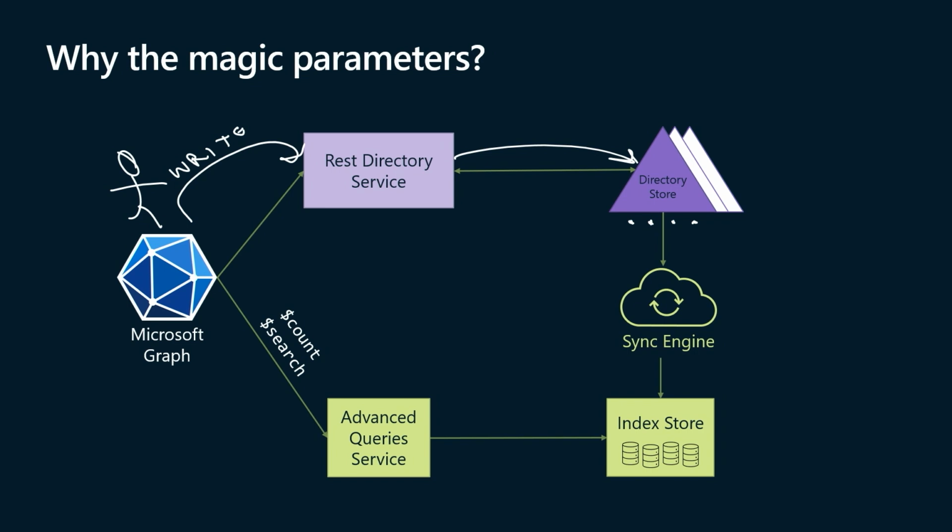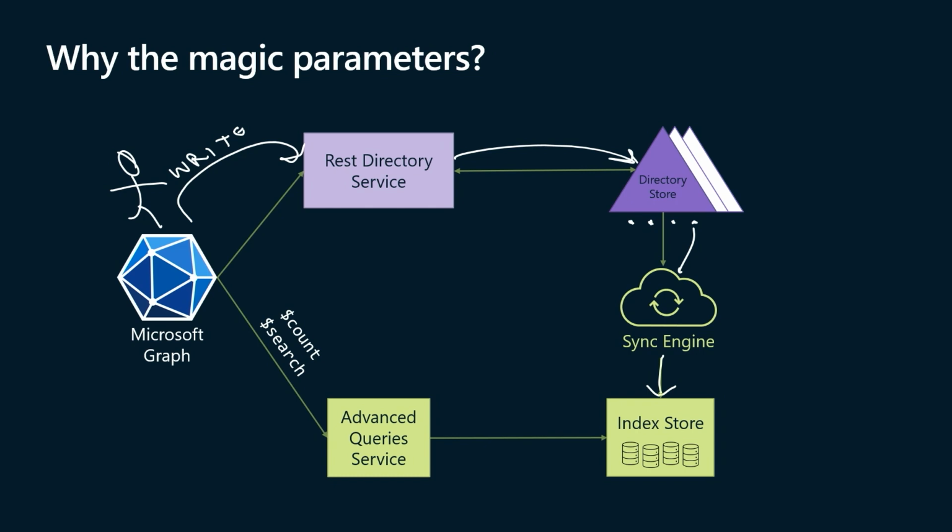And you can imagine that replicating this change across all the various servers will take some time. The sync engine is actually listening to some of the replicas, not all of them. So only when the replica that the sync engine is listening to gets the change will the sync engine process the change and send it to the index store.